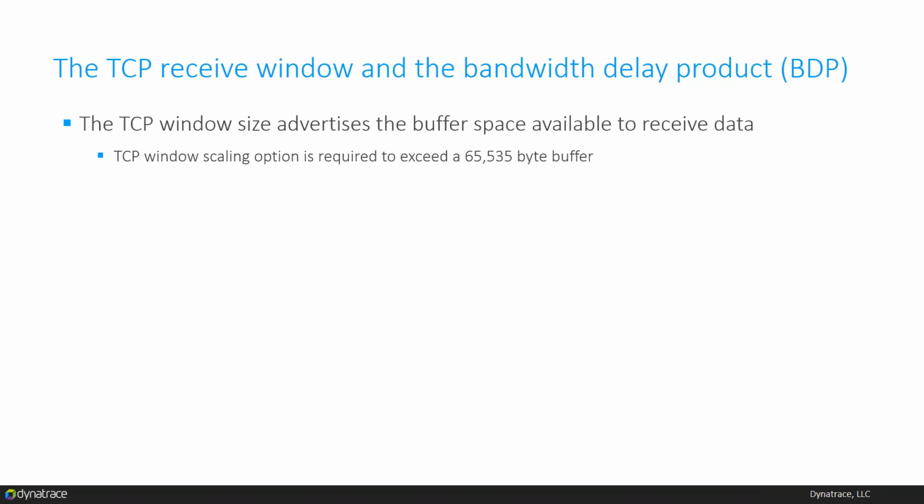I'm going to abbreviate that to 64K from now on, so I don't have to repeat that number. But that had been the maximum receive buffer size until the TCP scaling option became available, which then allows these receive buffers to become quite large, actually close to a gigabyte.